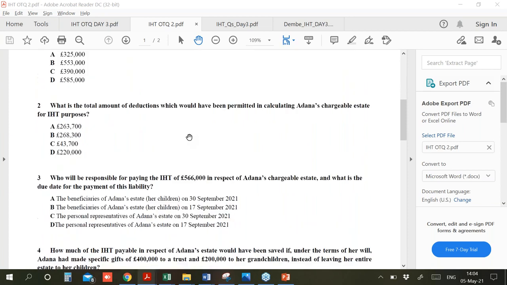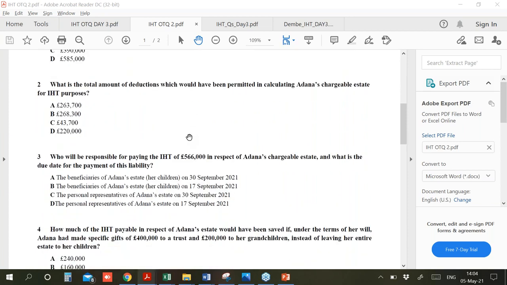Then, in the third, who will be responsible for paying the IHT of 566,000 in respect of Adana's chargeable estate? And what is the due date of the payment of the IHT liability? Now, guys, before I read the scenario, I would like to tell you that if you have good knowledge of IHT, you can answer at least this MCQ correctly.